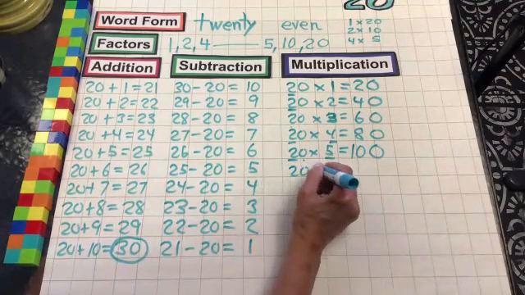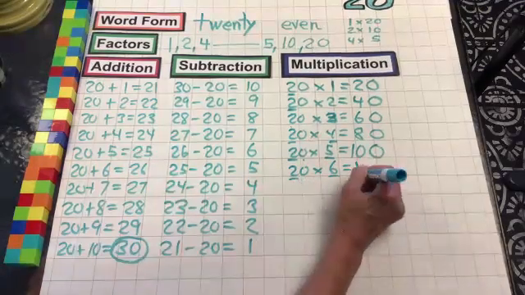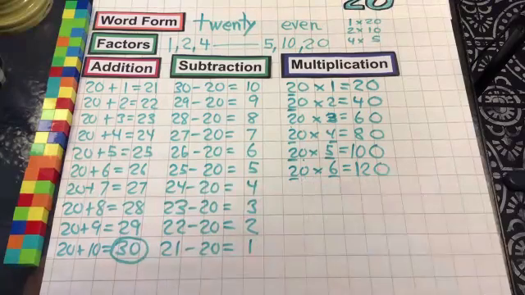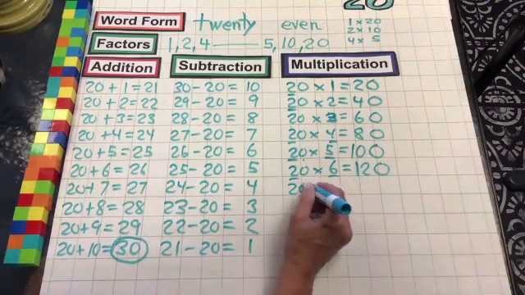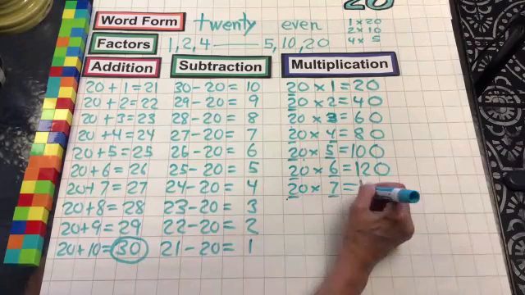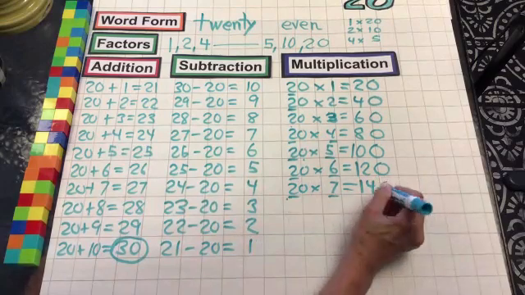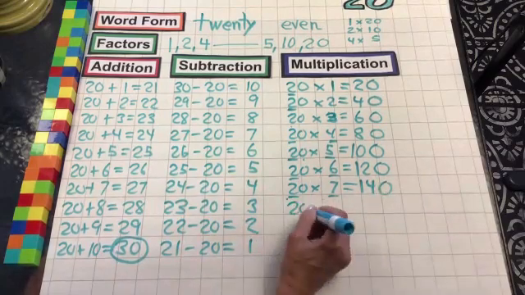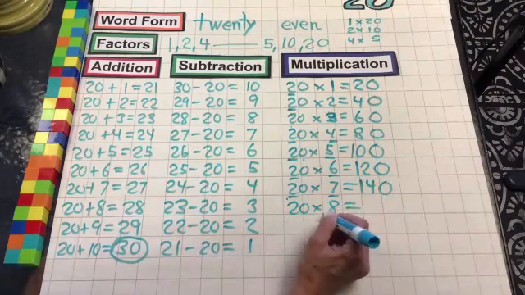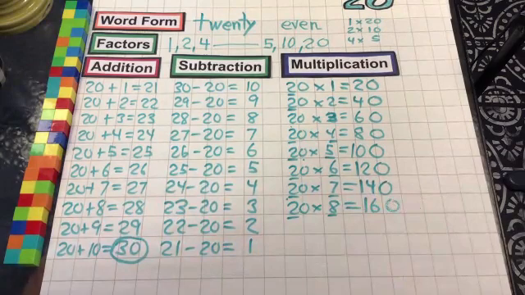20 times 6 equals, so 6 times 2 is 12. Add the 0. 120. 20 times 7 equals front end. 7 times 2 is 14. Or 2 sevens is 14. Add a 0. 20 times 8. 2 eights is 16 with a 0, 160.